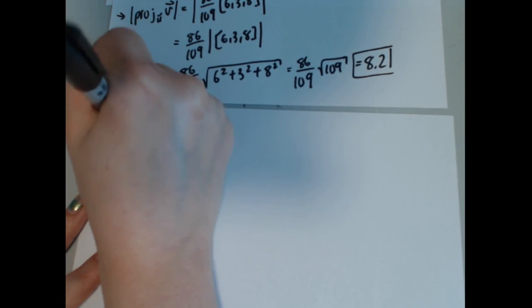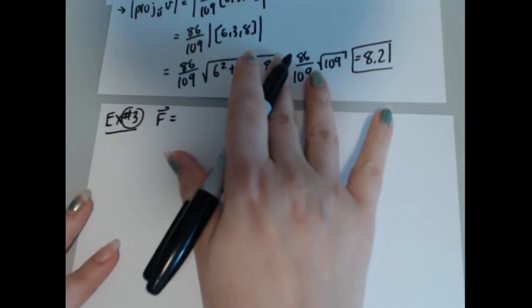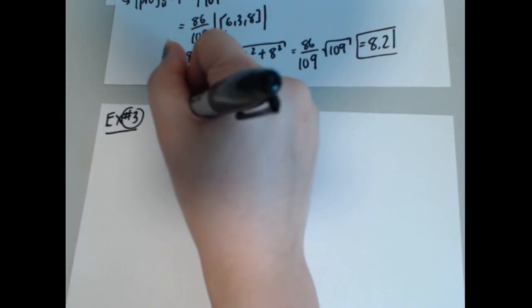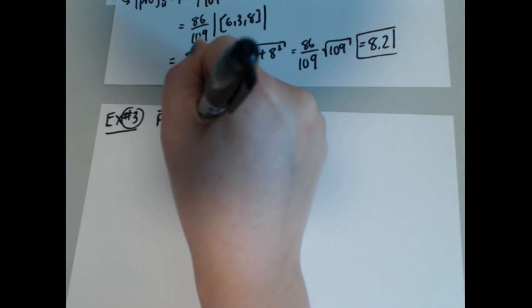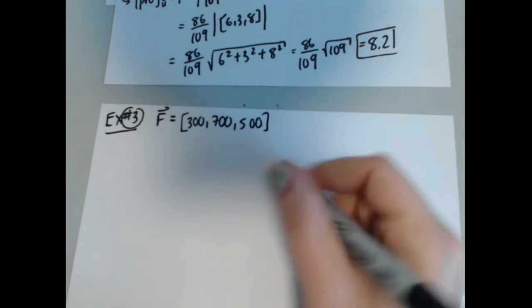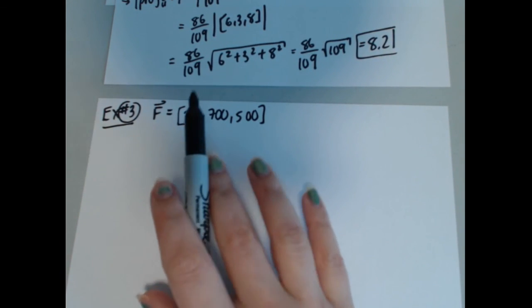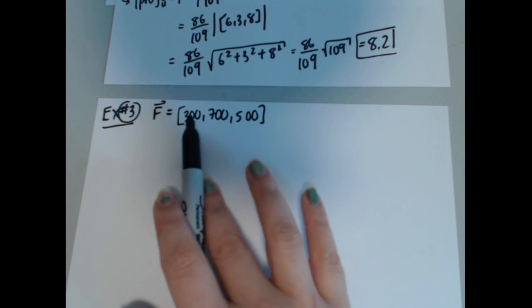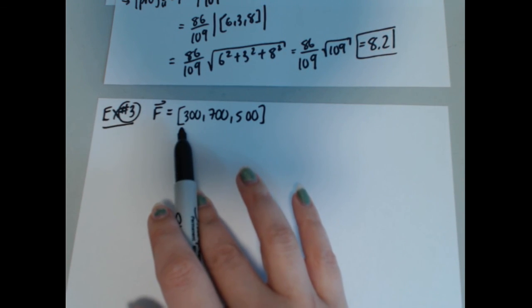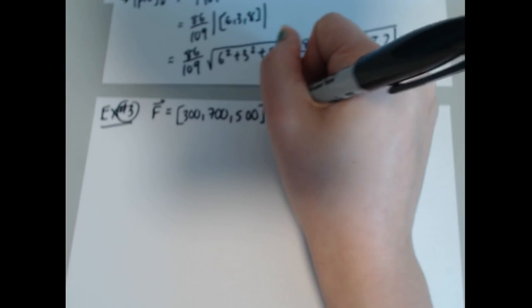Example 3. Let's say we have a force that acts on an object, and that force is given by the vector 300, 700, 500. All this means is that there is a certain amount of force acting on the object, and you can break it down into an x component of 300 newtons, a y component of 700 newtons, and a z component of 500 newtons.